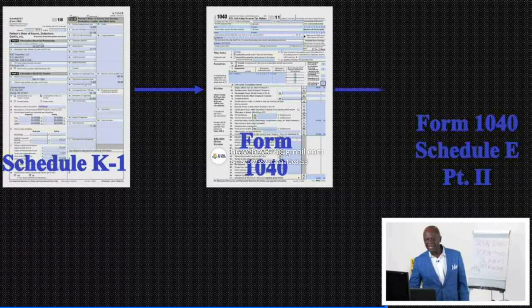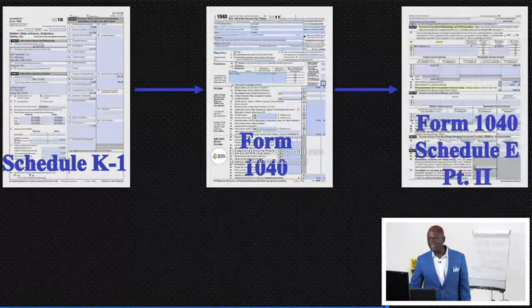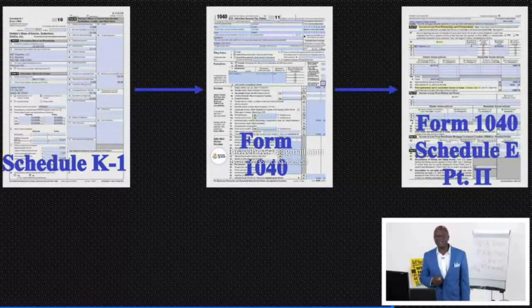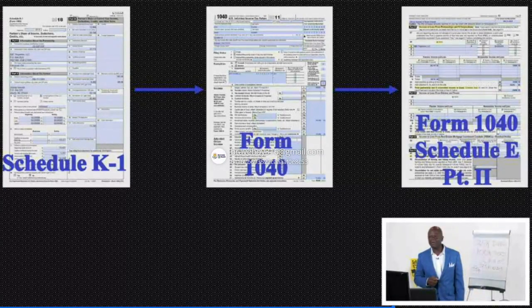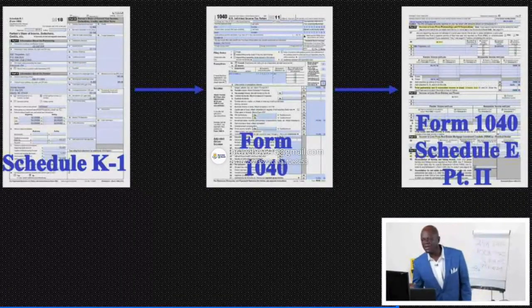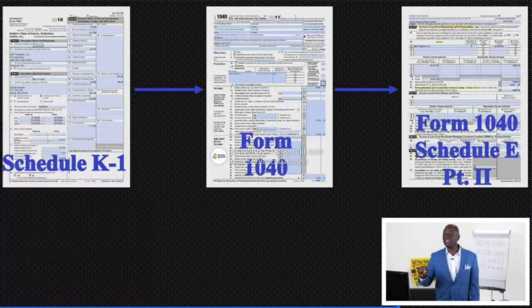All right. Remember that 1040 is going to go over to what's called a Schedule E on your 1040, and that's going to reflect all of your businesses. So if you're looking on this slide right now, where you see the Form 1040 Schedule E Part 2, under that Part 2, in Part 3 there, if you had multiple companies, each one of your companies would be listed there along with their amount of profit and losses.